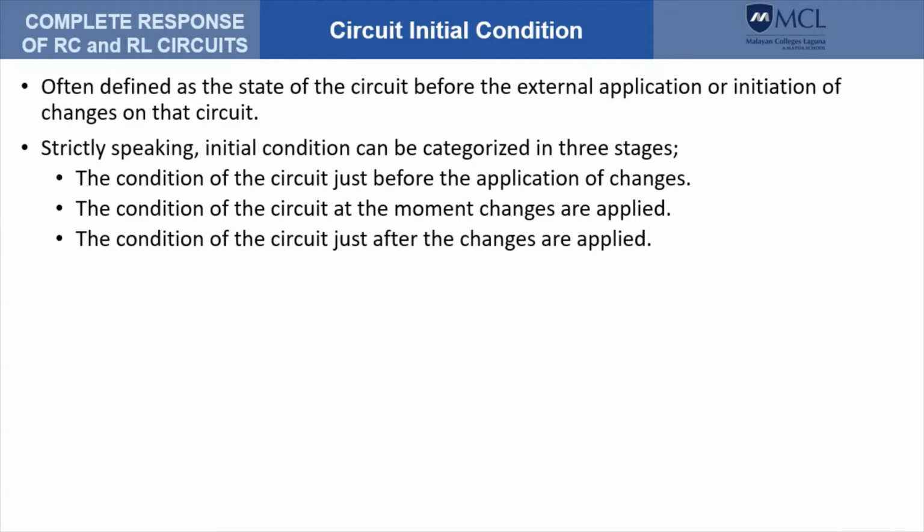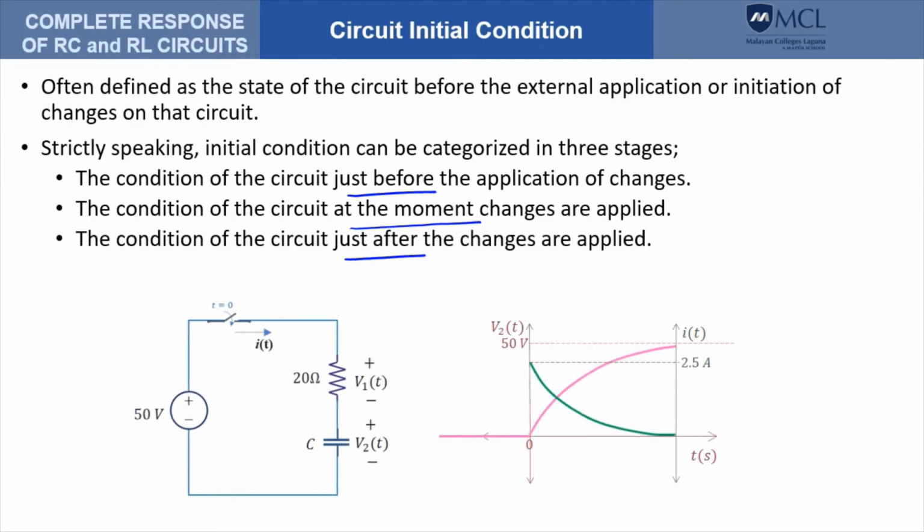That is the condition of the circuit just before the application of changes, at the moment the changes are applied, and just after the changes are applied. So what do we mean by this? Let's say we have here a circuit again.